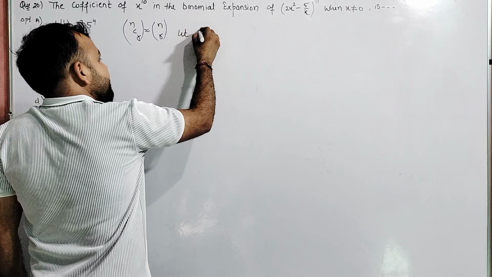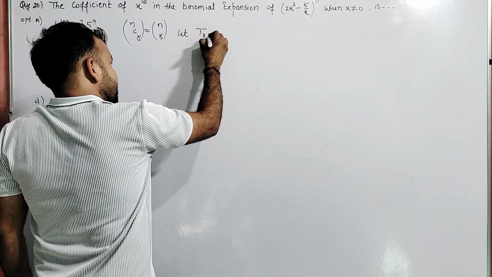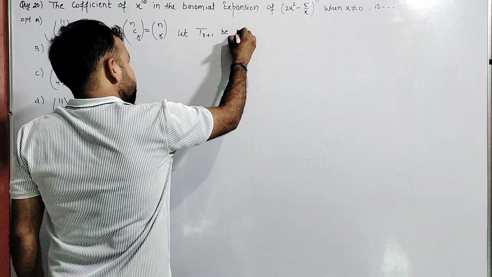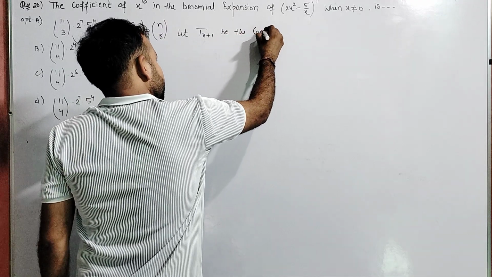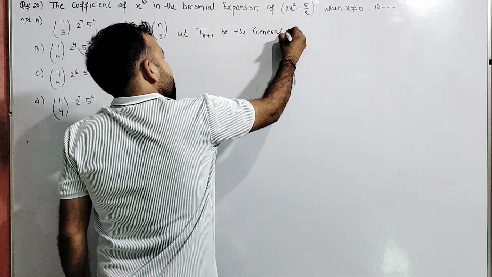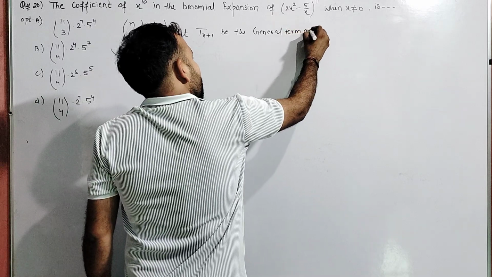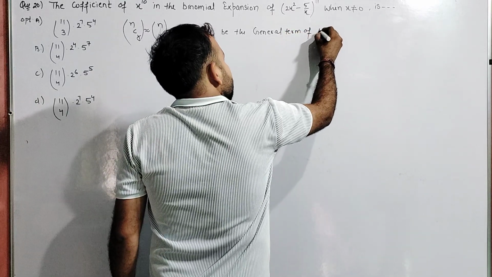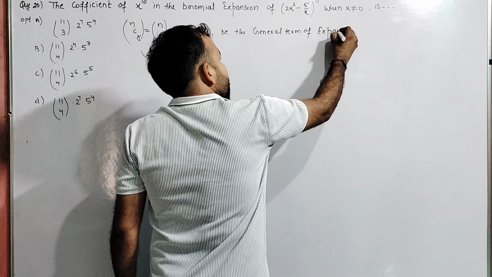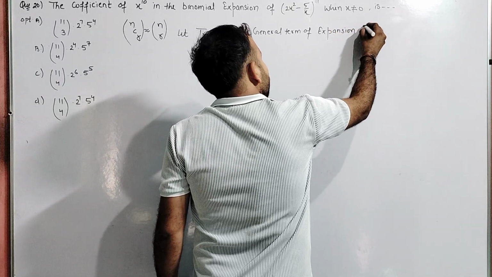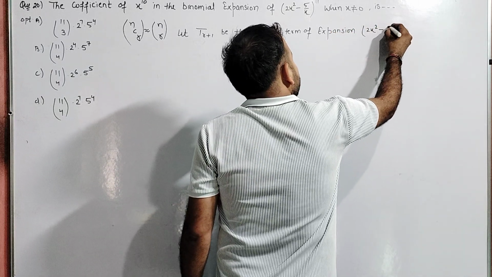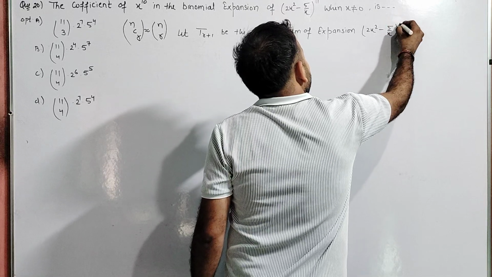So let us consider T(r+1) be the general term of expansion (2x square minus 5 by x) to the power 11.